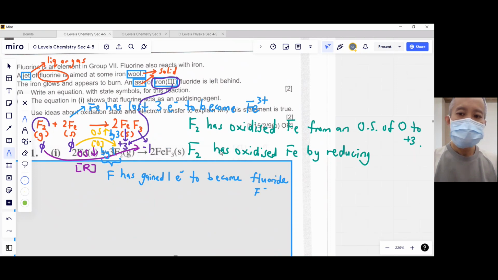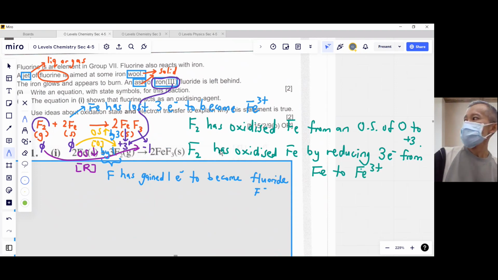By removing 3 electrons, iron to iron 3 plus. Okay, that is the electron transfer version.